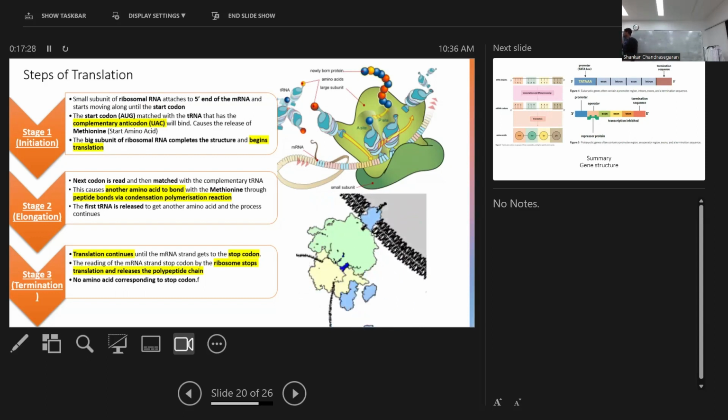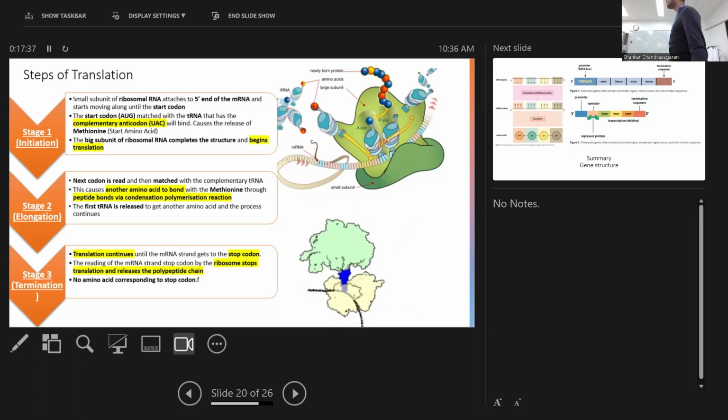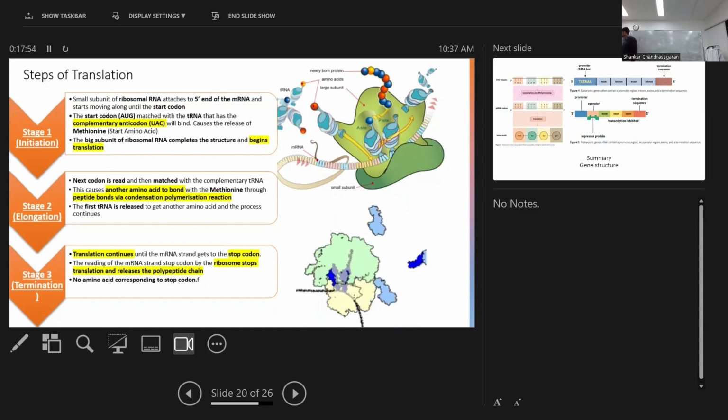So remember, the chain is only possible because of the reaction that occurs between amino acids, which is the condensation polymerization reaction, which allows the peptide bonds to form between the amino acids. This process continually happens. The mRNA is read three at a time, continually until it reaches the stop codon at the end.